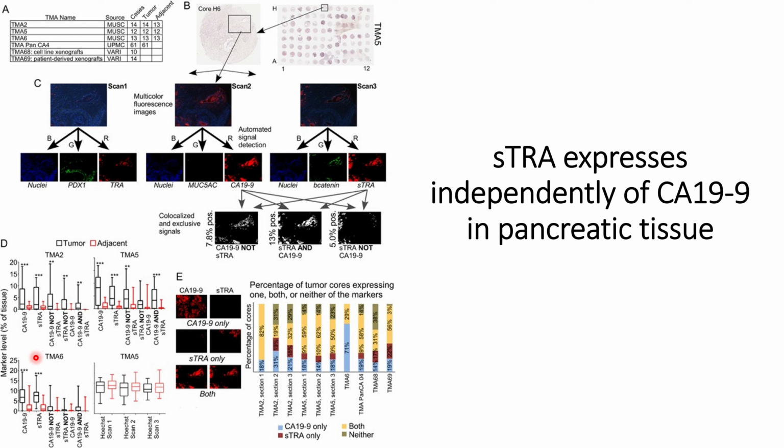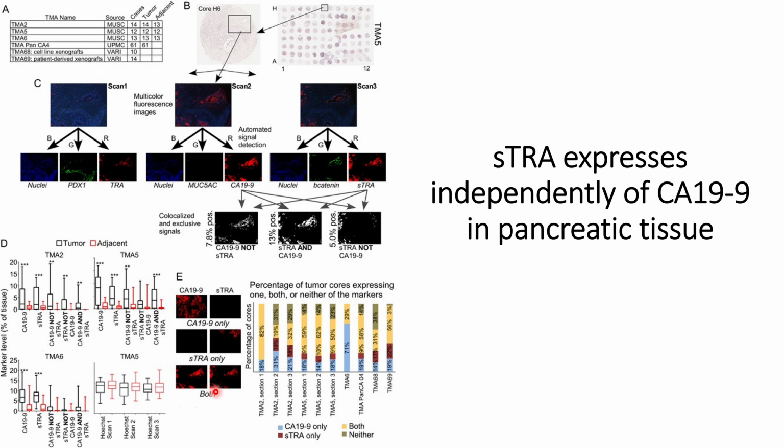For TMA6 they do not see any significant results, and for this TMA5 they show the results in terms of nuclear staining, to show that their staining is done properly and evenly. In the panel we can see the results where CA19-9 and sTRAs are shown, the CA19-9 only results, and the sTRA only results.